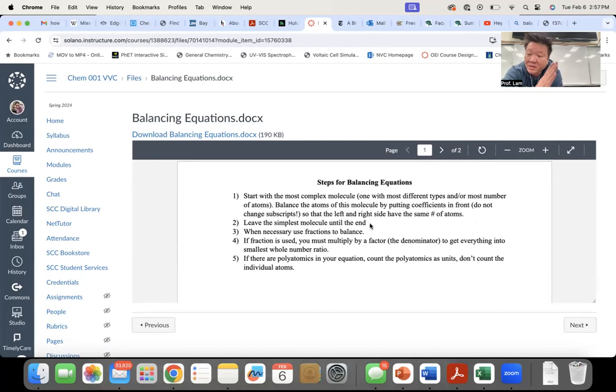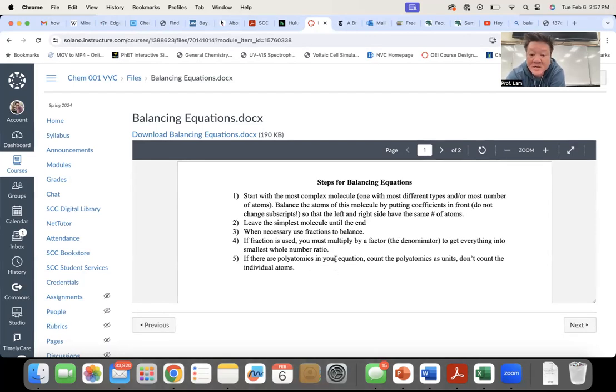So start with the most complex and go to the least complex. Step 3, when necessary, you use fractions to balance. I will be showing you that. But if you do use a fraction, you must multiply by the denominator of that fraction to get everything into the smallest whole number ratio at the end for the balanced equation.